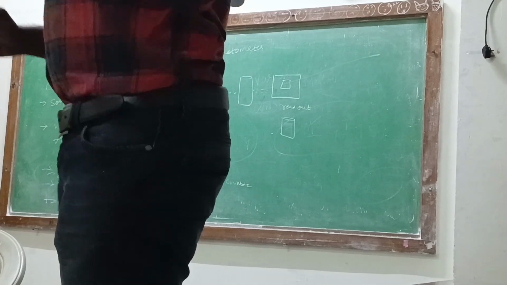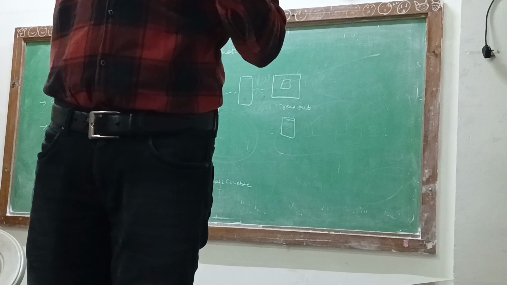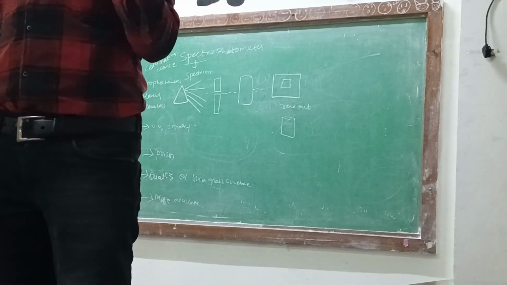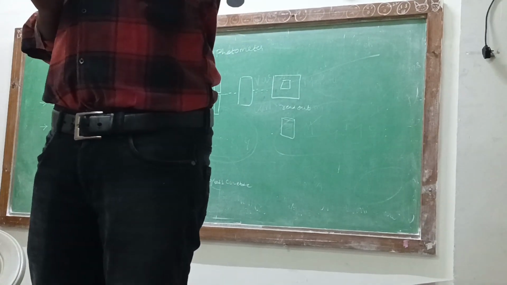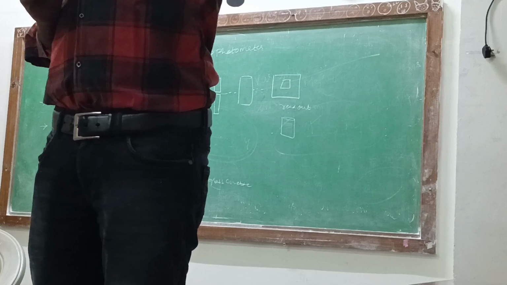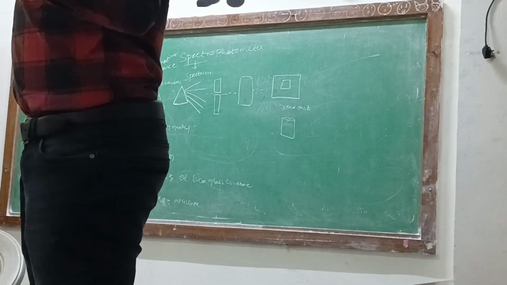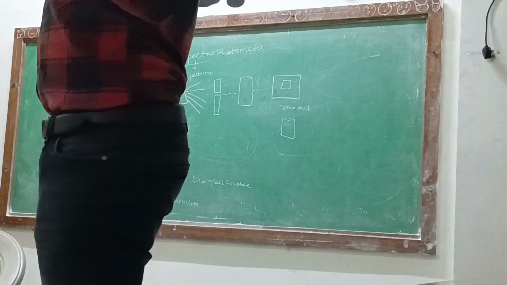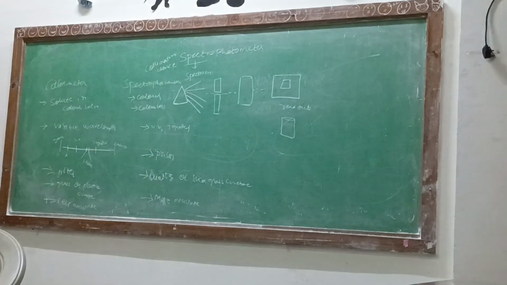Third, in the colorimeter, for passing light of a specific channel you use the filter, whereas in the spectrophotometer you use the prism. Fourth, the glass or plastic cuvette is used in the colorimeter, whereas here you use quartz or silica, which is more sensitive. Last, fifth, the colorimeter is less accurate, whereas the spectrophotometer is more accurate.